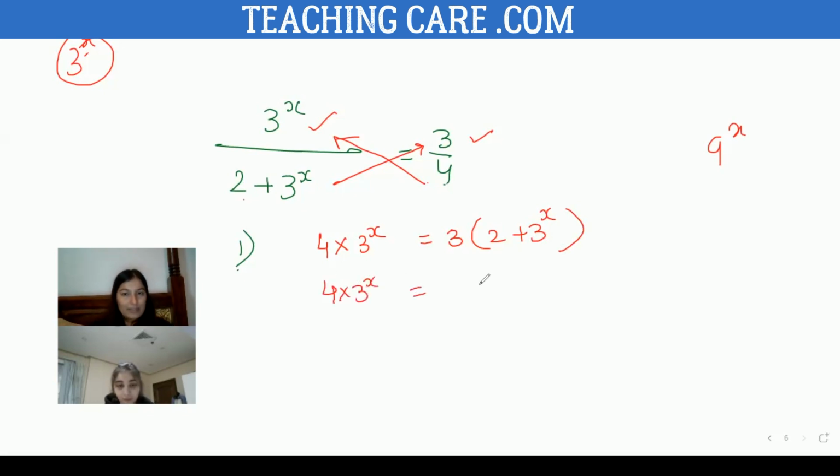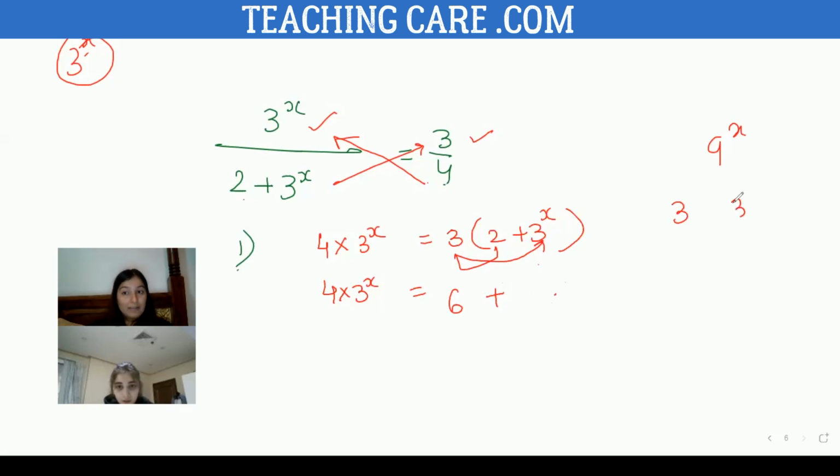So what will you get on the right side? It's 3 into 2, so 6, plus 3 times 3 raised to power x.